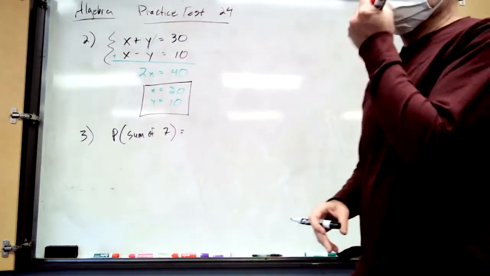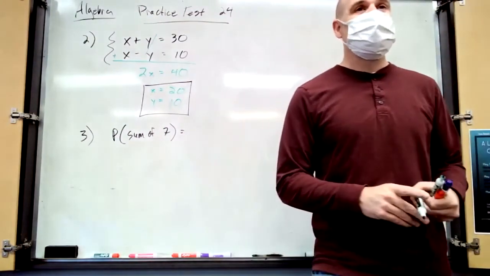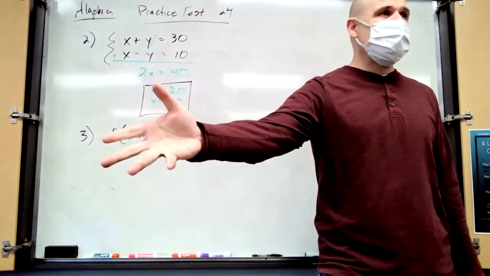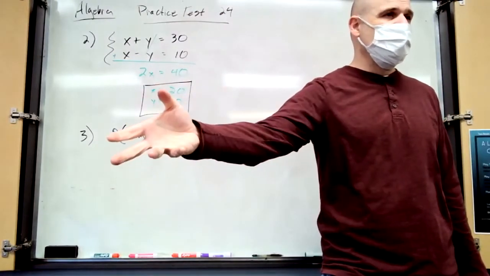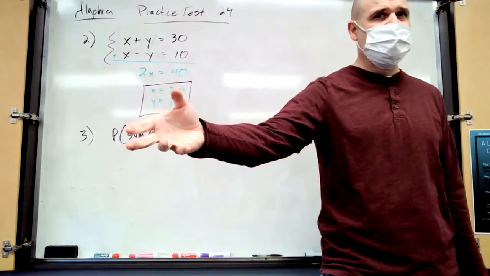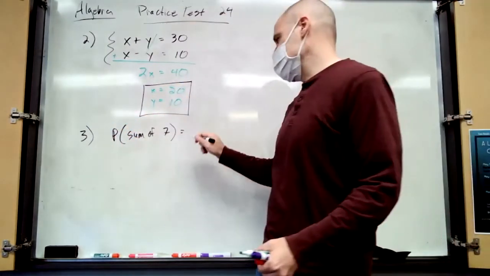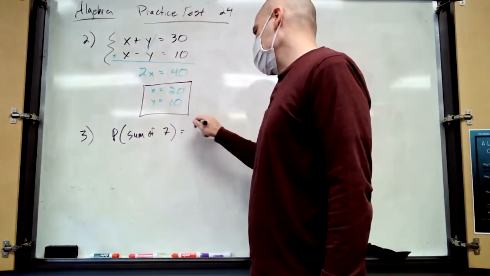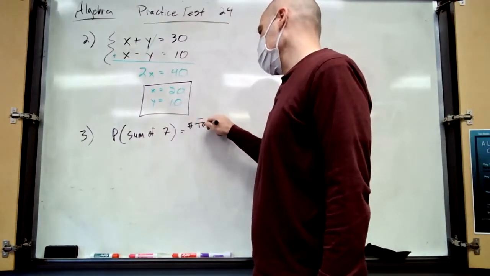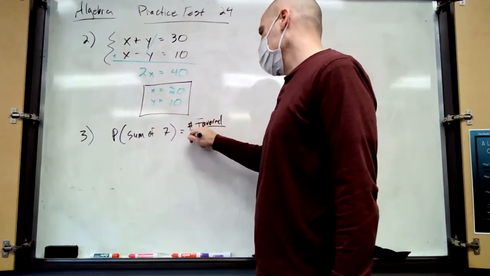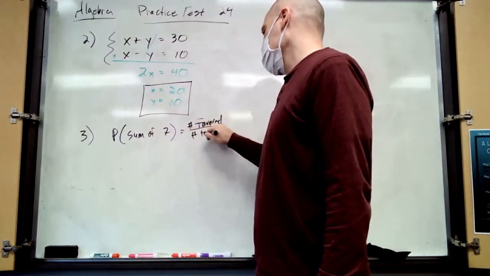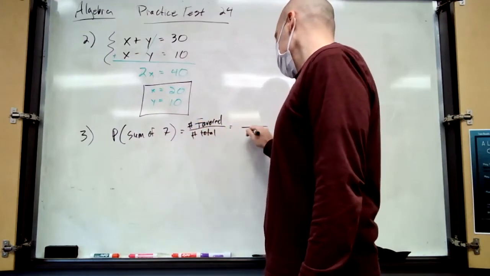How many total outcomes are there for rolling 2 dice? Do you remember? Rayona? 36. So it's the number of favored outcomes, what you're looking for, over the number total. Well, we know that 36 is the total.